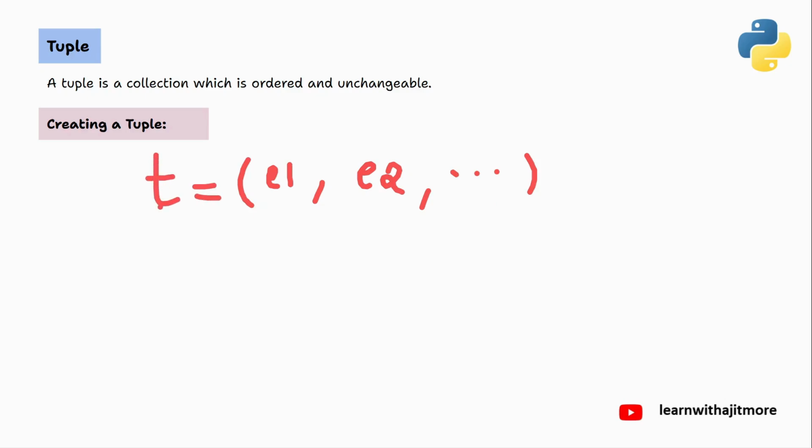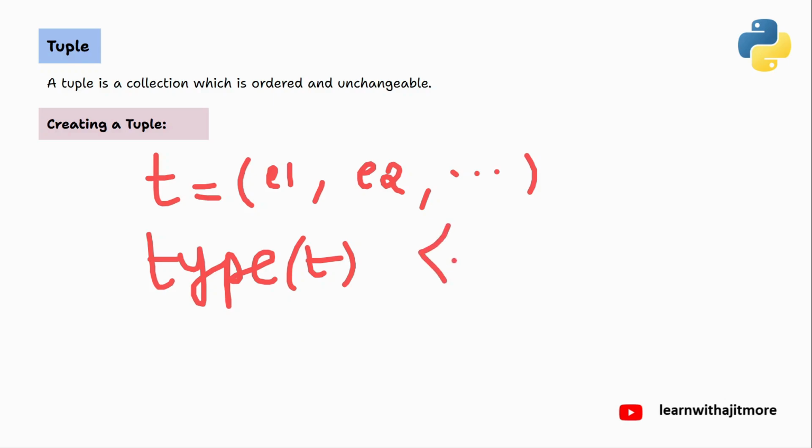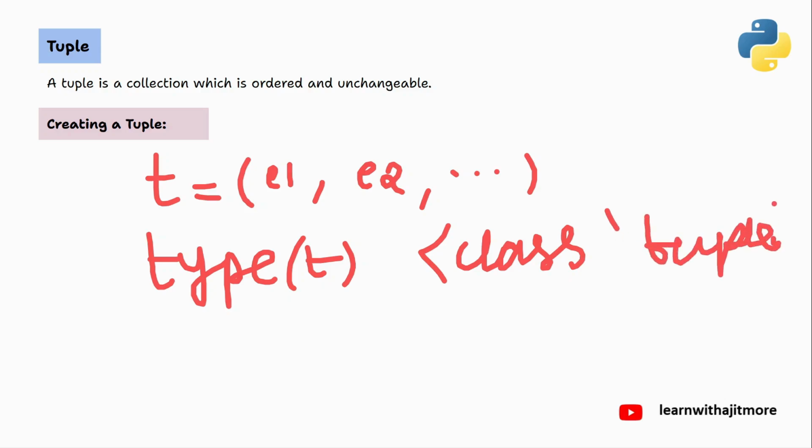Tuple is created. This is your tuple. If you check its data type, it will print class tuple.